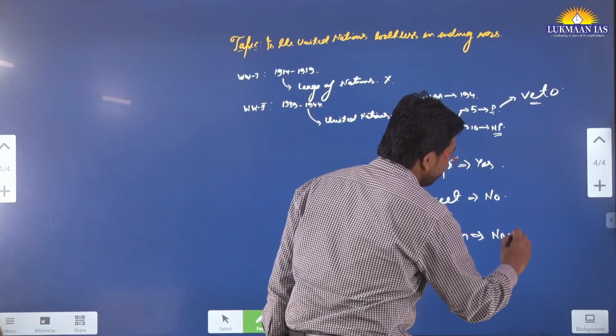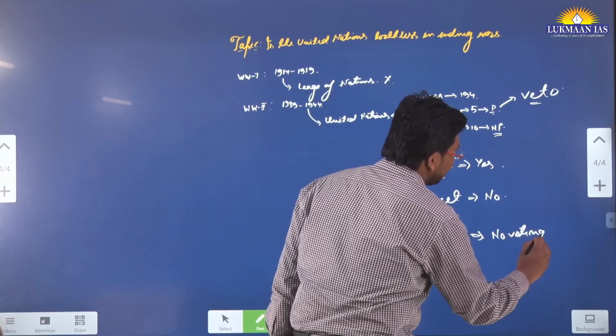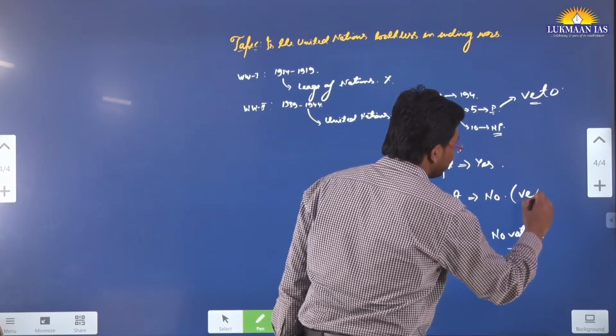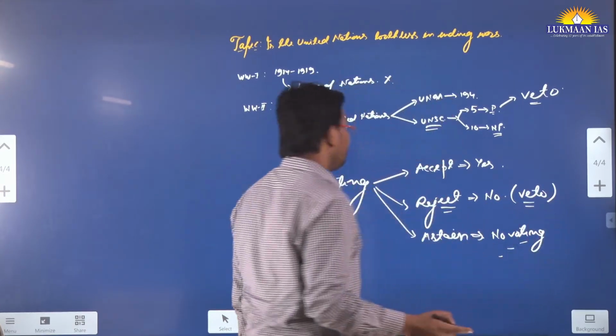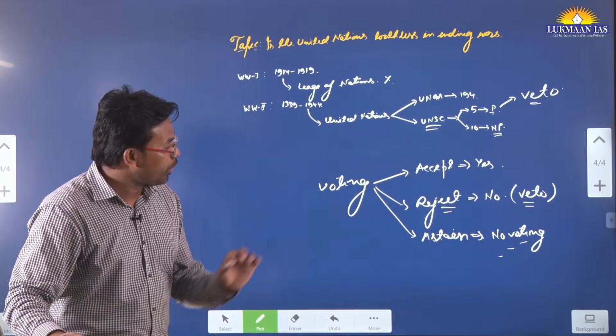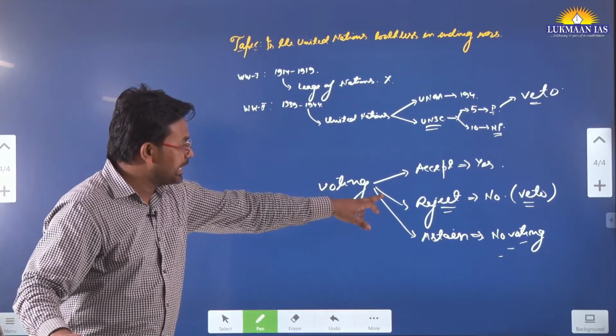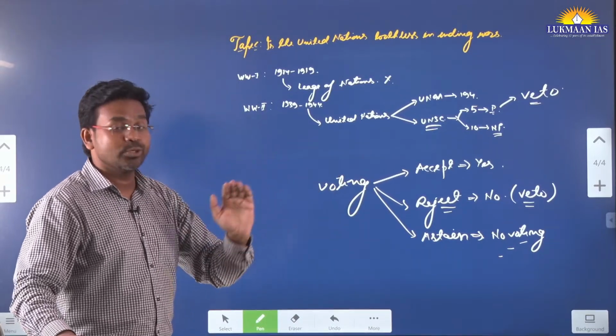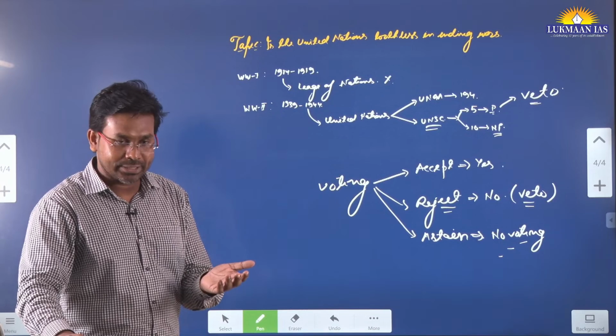They do not vote, but abstaining does not mean they are opposing it. Rejection means they are using the veto power. If any permanent member vetoes a decision, that resolution will not be passed through the United Nations system.